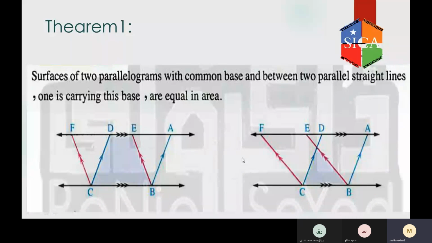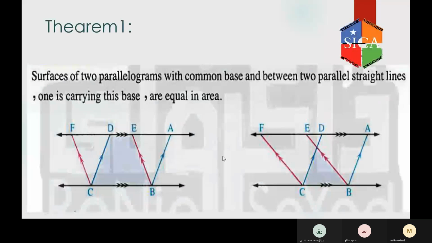Our theorem today, the first theorem: areas of two parallelograms with a common base. We have two parallelograms with a common base, like the parallelogram ABCD and the parallelogram EBCF.